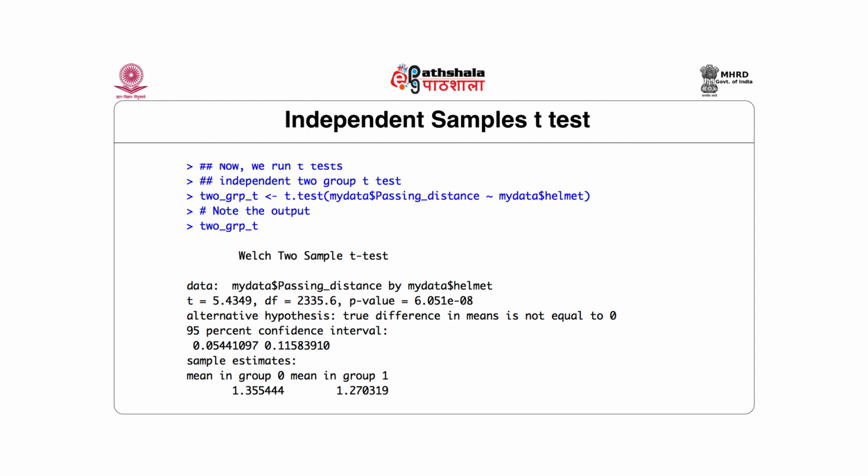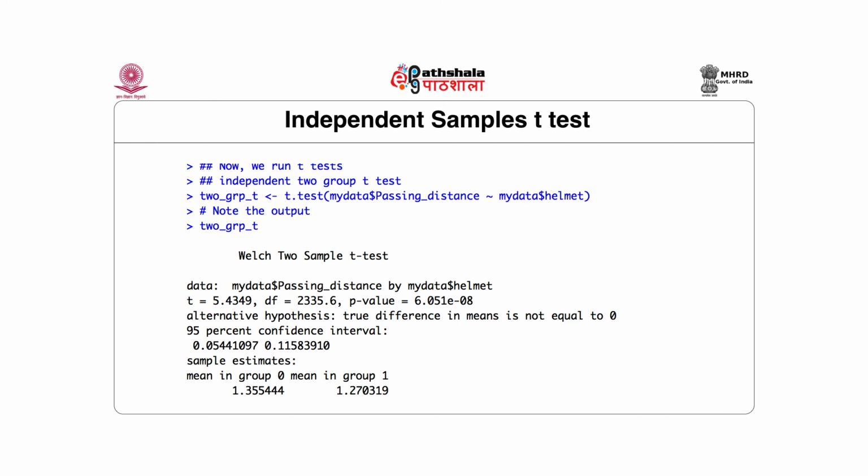This is an example where you see that there is one outcome variable which is continuous and one other explanatory variable that is categorical.